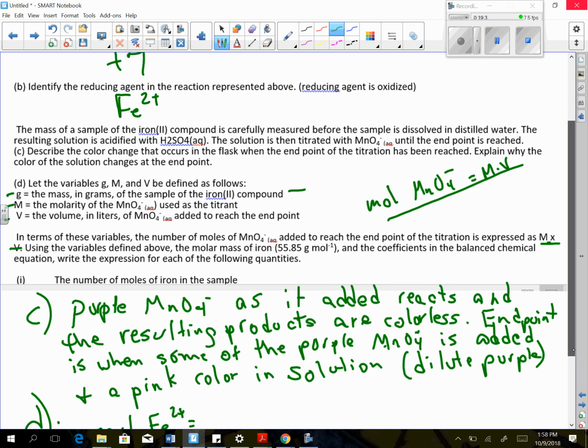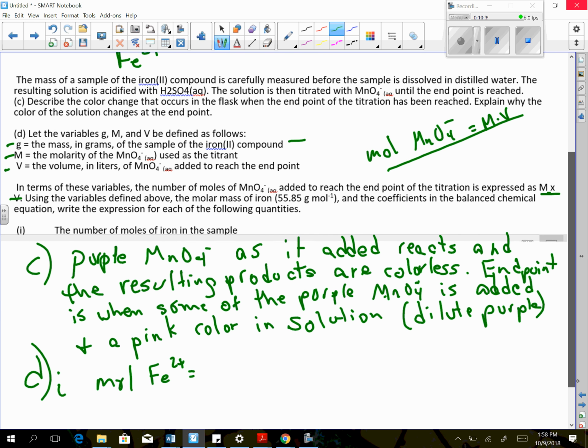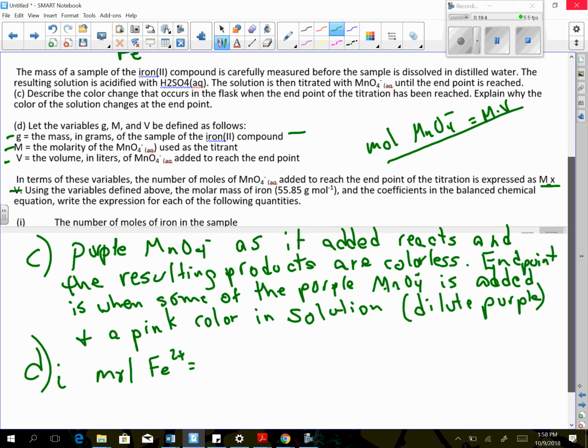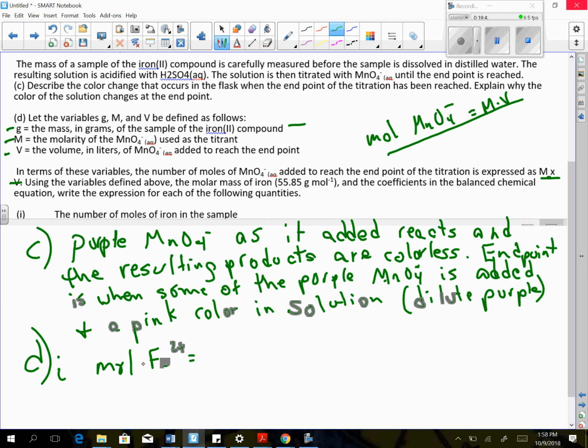And so I'm going to come down here. Unfortunately, the reaction is a little bit higher than I wish it was, but if I want to know the number of moles of iron, what if I start with the moles of permanganate? Because from the information given in this paragraph right here, I know that.